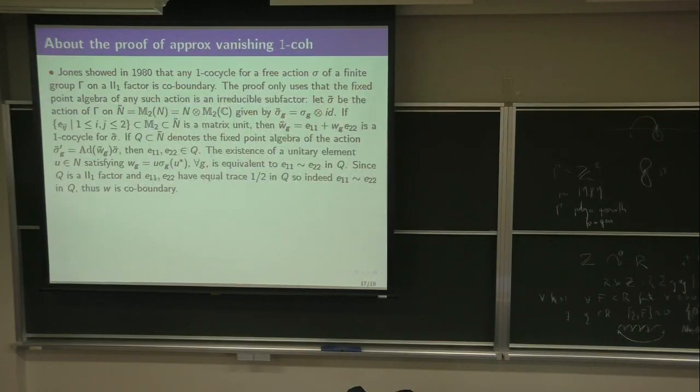So let me show you the proof. Let W be a one cocycle. Sigma is my action, and W is my one cocycle. I take it normalized, W of e is equal to 1.